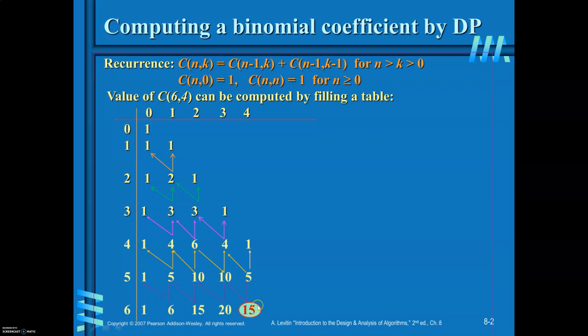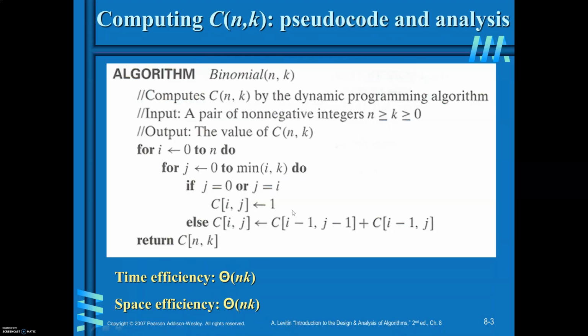Otherwise, what you are required to do is C(i,j) will be equal to, in the previous row, the value recorded you have to find out, and previous row, previous column. That is, previous row same column C(i-1,j) plus C(i-1,j-1). This is what the algorithm is. I will just explain here.